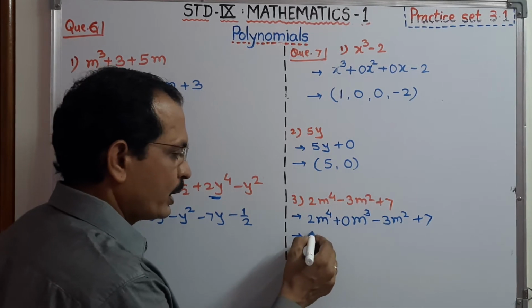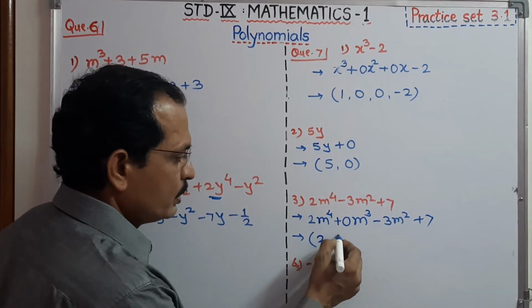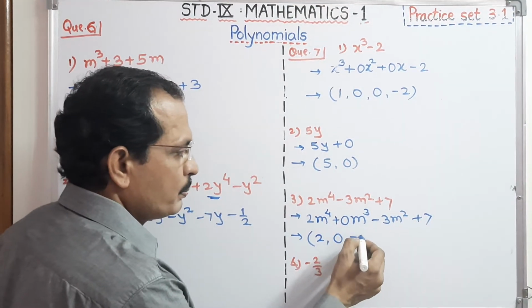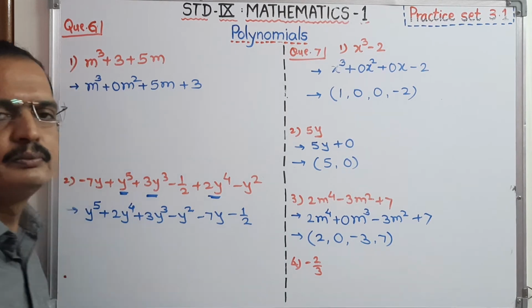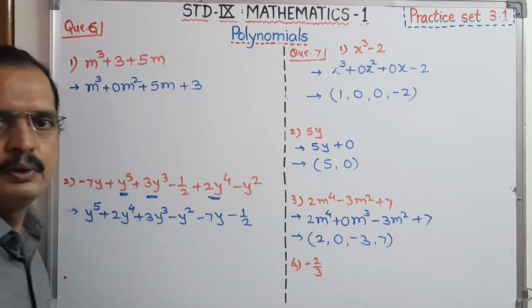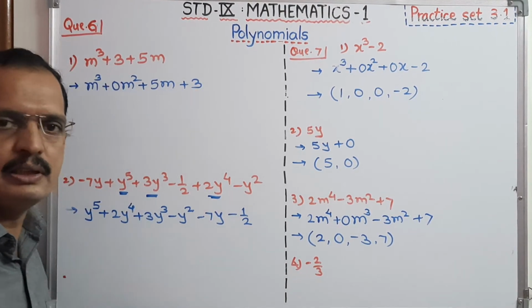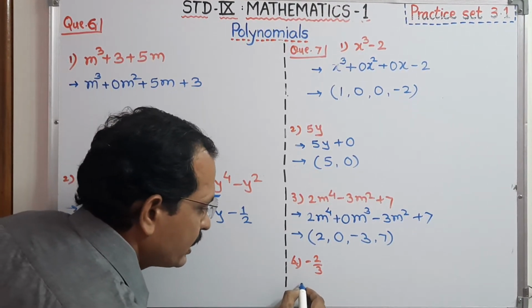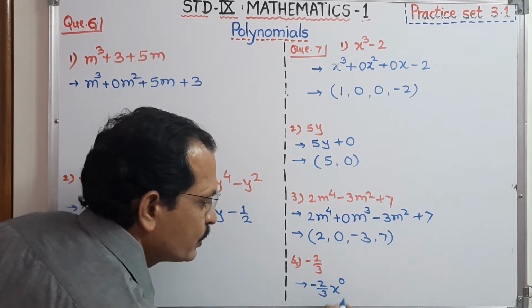Now we have to write the coefficient form: 2, 0, minus 3, and here it is 7. Very simple. Now minus 2 upon 3, degree is 0. We can write minus 2 upon 3 x raised to 0.